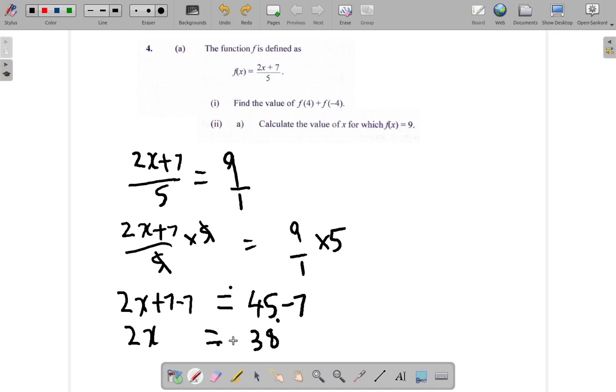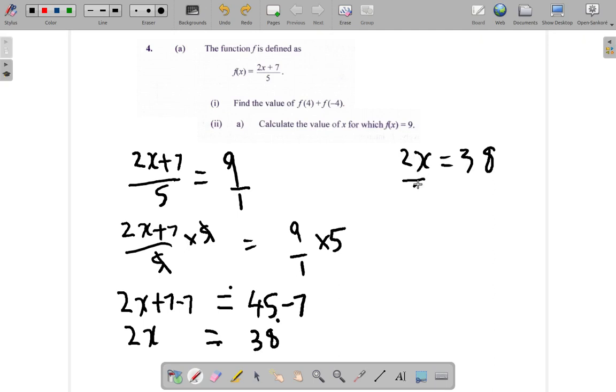All right. So here now, 2 times x is 38. Let's rewrite it here. 2x is equal to 38. You want x alone equal, so you need to get rid of the 2. This is 2 multiplied by x.